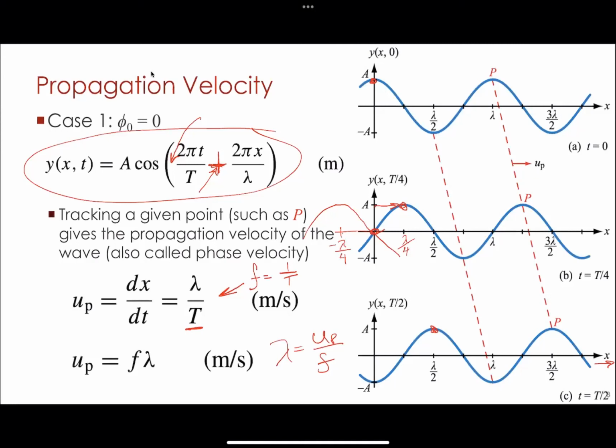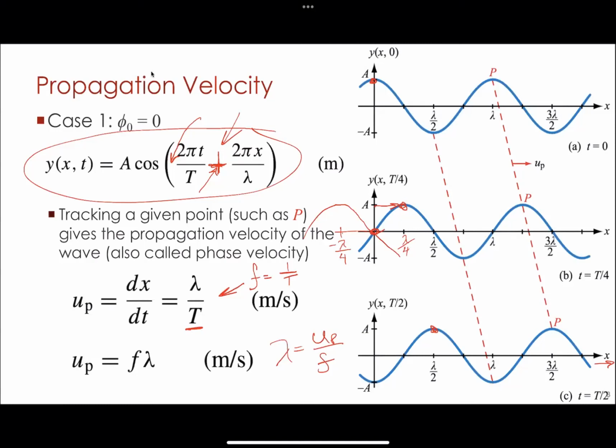The reason is because you're adding more to it. Because of this plus sign here, whatever 2 pi t over T is, if you add something positive to it, every value in the cosine function is going to come earlier. It's going to be shifted to the left in terms of x, which overall means it's moving to the left.